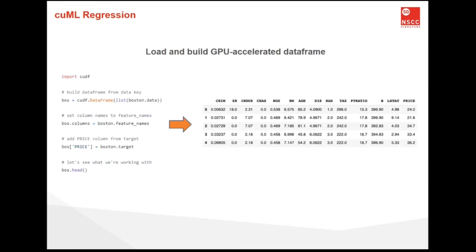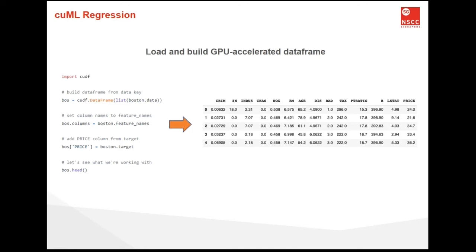Let's take a look at cuML regression examples. Try to recall linear regression. It performs the task of predicting a dependent variable y based on given independent variables x, and drawing this relationship in a two-dimensional space produces a straight line, often referred to as a line of best fit.